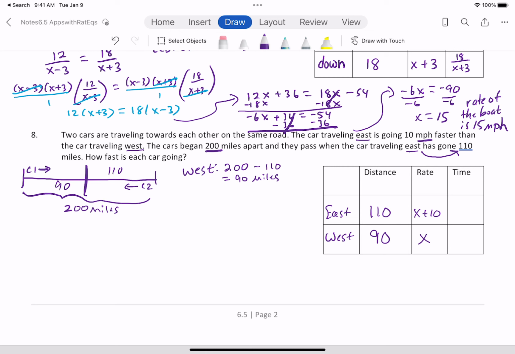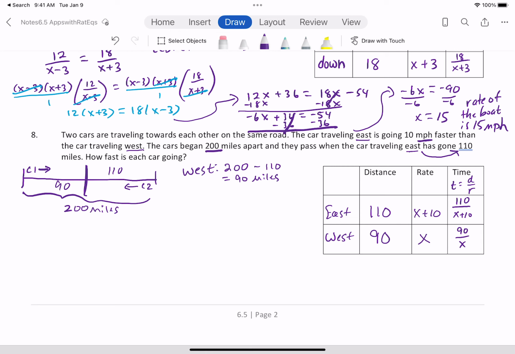We have information for distance and rate that we can use to write expressions for time. So for the east car, the time will be its distance over its rate. And for the west car, its time will be its distance over its rate. And we can set those two equal to each other because when they pass, that means they've been traveling the same amount of time, right?